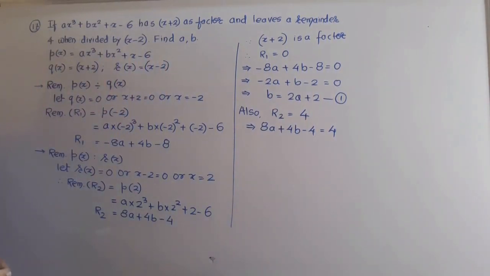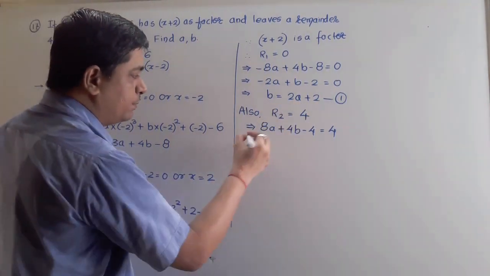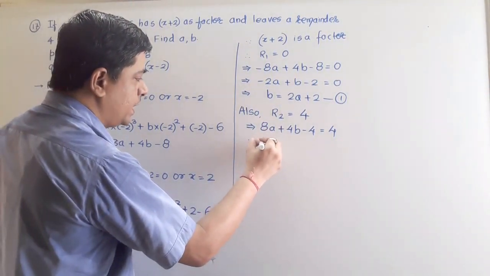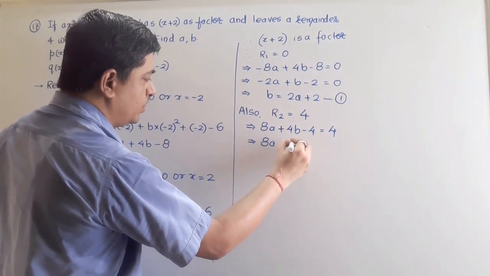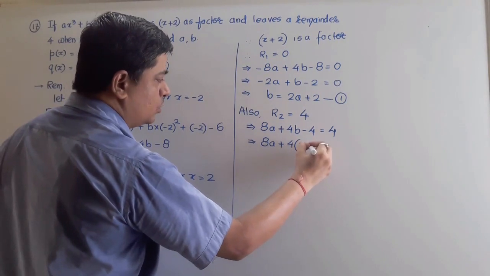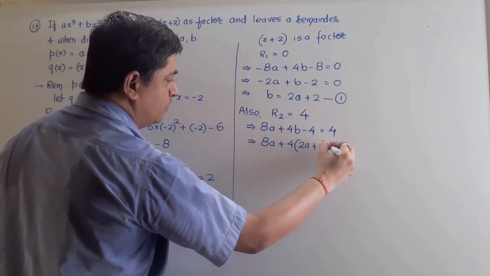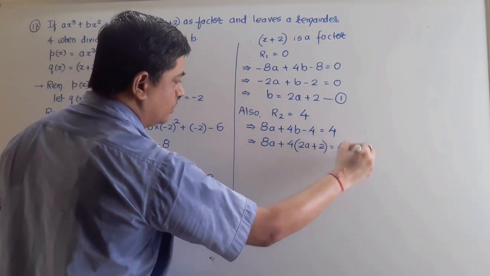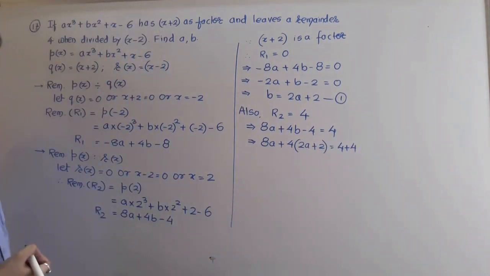Right? Now value of b I have, that is 2a plus 2. So value of b we can put up here. Okay. So 8a plus 4 into the bracket. Value of b I am keeping here as 2a plus 2 will be equal to 4 plus 4, because minus 4 I am sending onto that side.